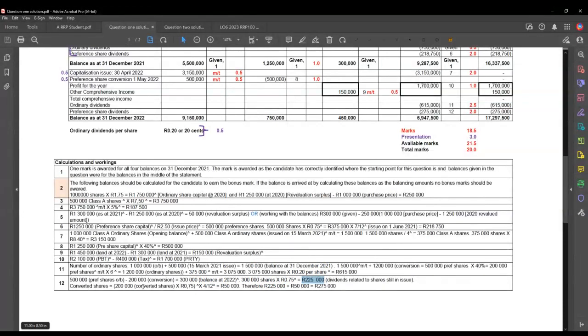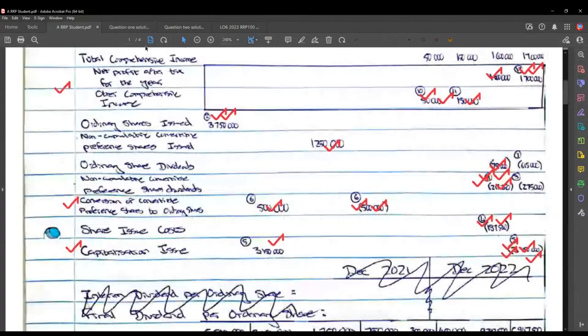But if you then went and said, okay, now I know I need to apportion it for the shares that were traded, you say 200,000 times the 75 cents times 4 months over 12, you would have then gotten the additional amounts, right? The additional 1 mark for doing that step.